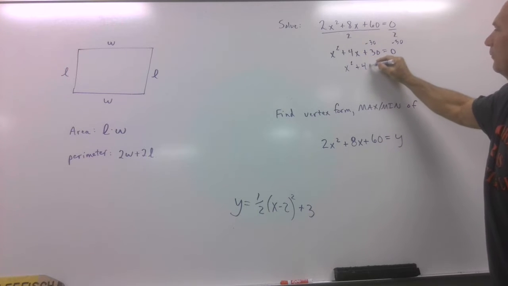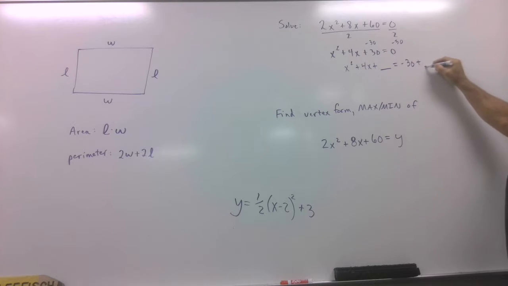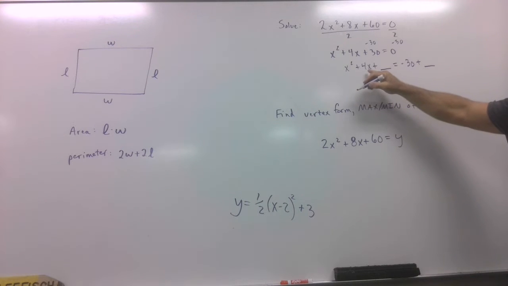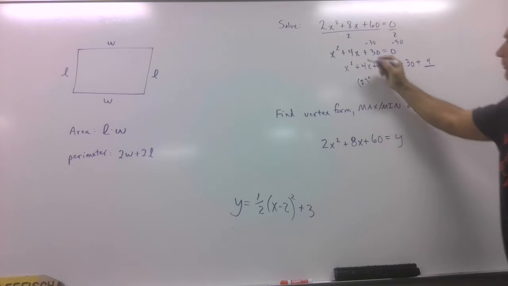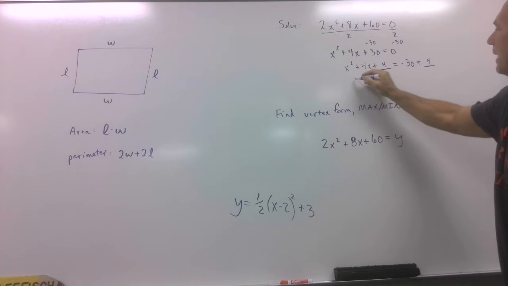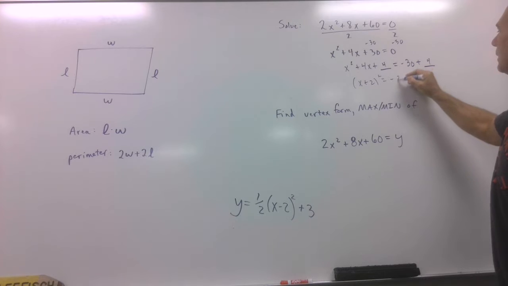X squared plus 4x plus space equals negative 30 plus space. Now, what we have here is we're going to take half of this, half of that is 2, square it, 4, and 4. And so now we would have x plus 2 squared equals negative 26.